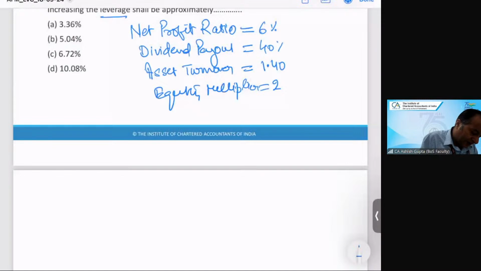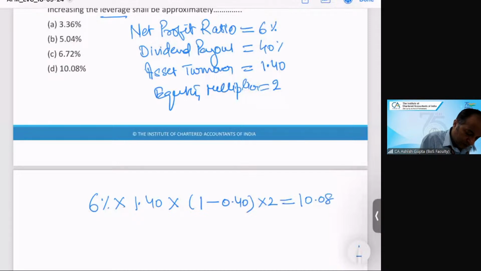How have we completed this? I am just showing here. Okay, students, so this is the correct option.